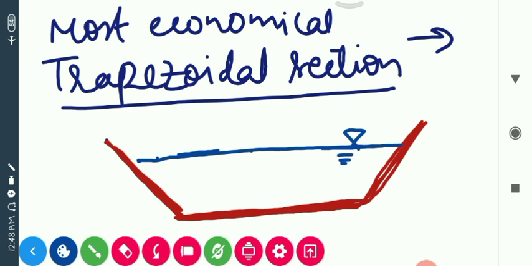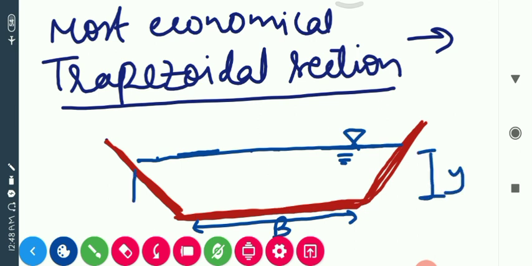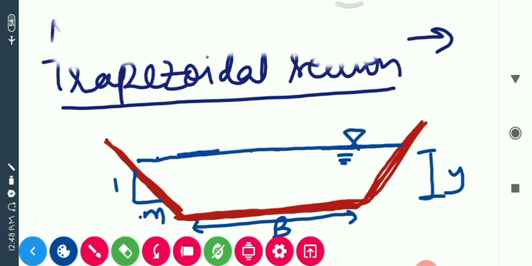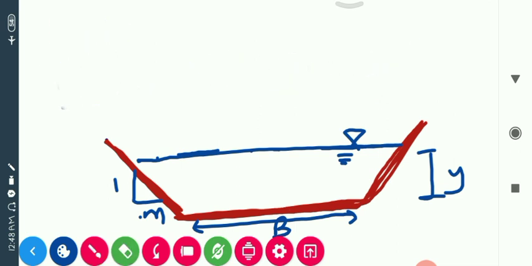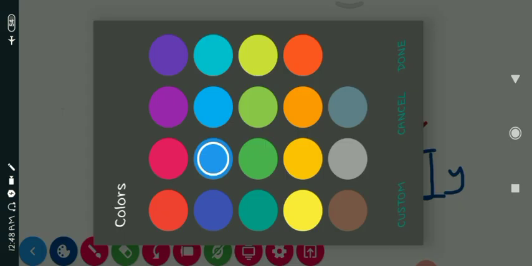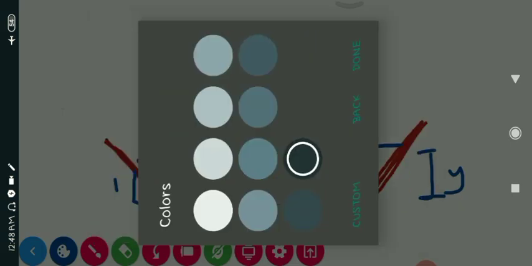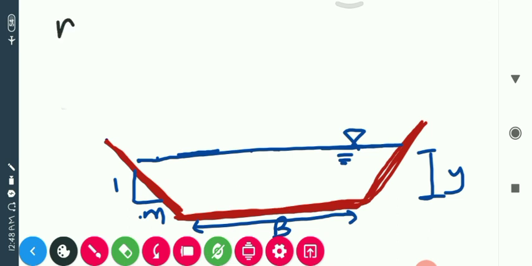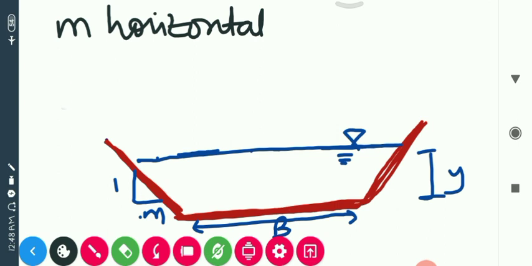So this is the width, this is the depth, and the slope of this section is m/1, meaning m horizontal to 1 unit of vertical.